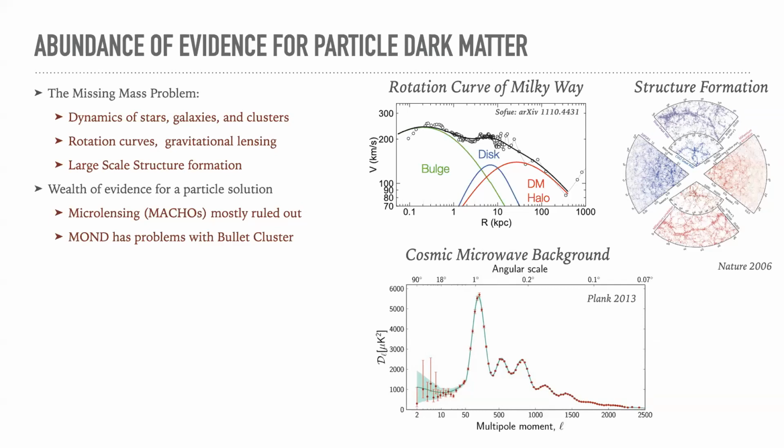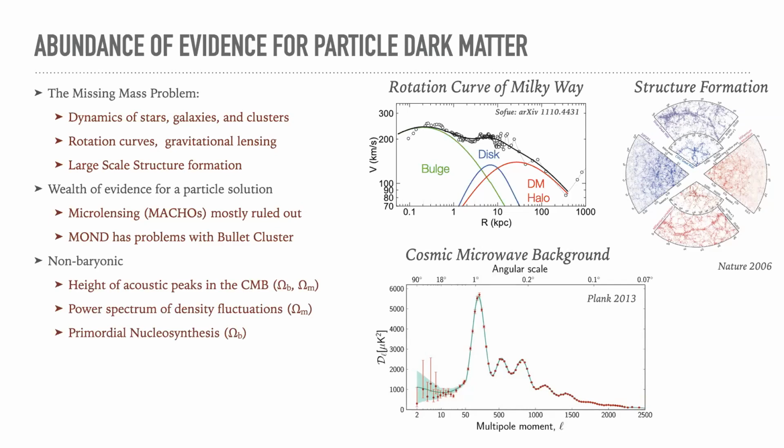In particular, the CMB is very difficult, and as far as I know, has not yet been explained with a modified theory of gravity. We also have evidence that this dark matter should be non-baryonic in nature. This comes from the heights of the acoustic peaks, the power spectrum of density fluctuations, and also forming the lightest elements in the early universe. I believe you had probably studied these in depth last week with Anne Green.